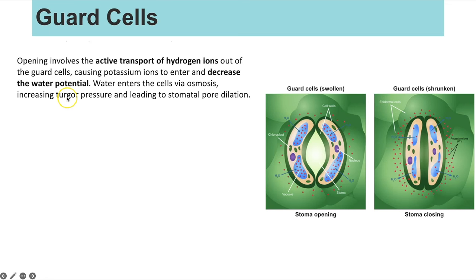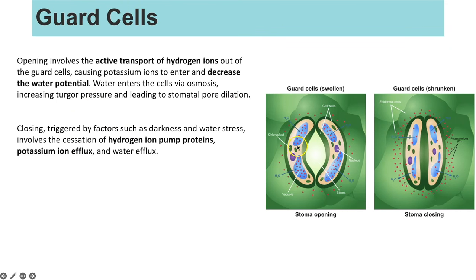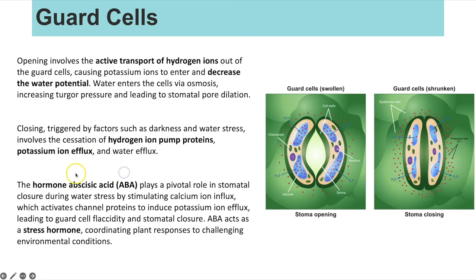So how does that happen then? The opening involves the active transport of hydrogen ions out of the guard cells, causing potassium ions to enter and decrease the water potential. Therefore, water enters the cells via osmosis, increasing the turgor pressure and leading to the stomata pore dilation, or in other words, it opens. The closing is triggered by factors such as darkness and water stress, and it involves the stopping of the hydrogen ion pump proteins, and potassium ion efflux and water efflux.